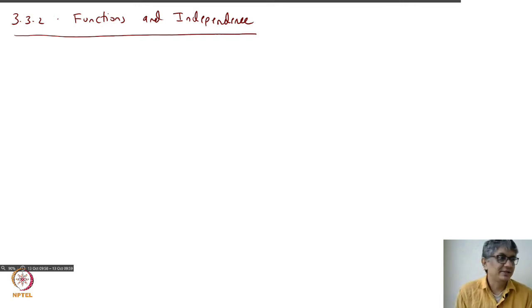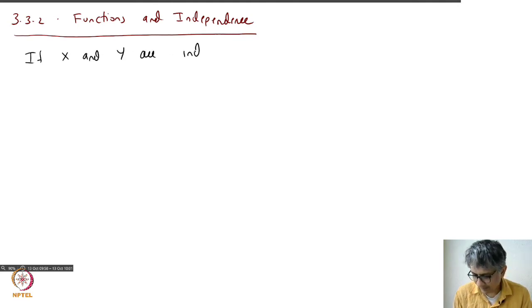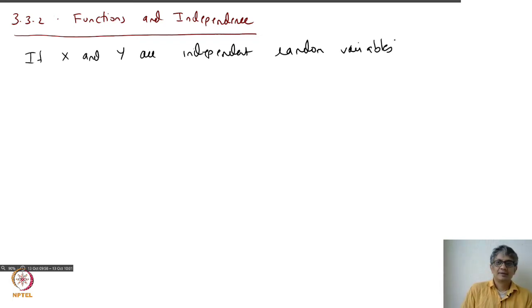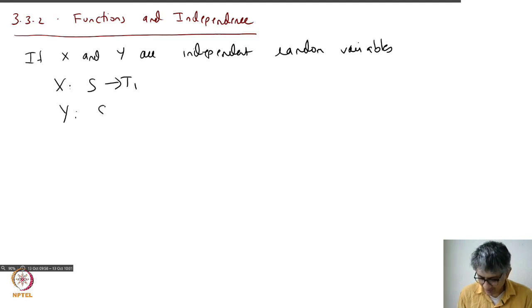Now let me go on to functions and independence. So now here the idea is the following. If x and y are independent random variables, and let's say x takes values from S to T1, y takes values from S to T2.